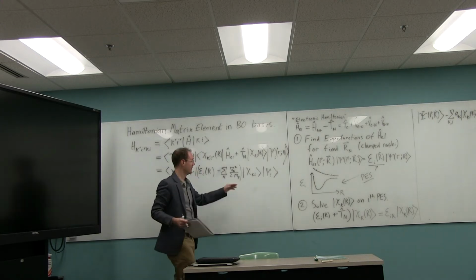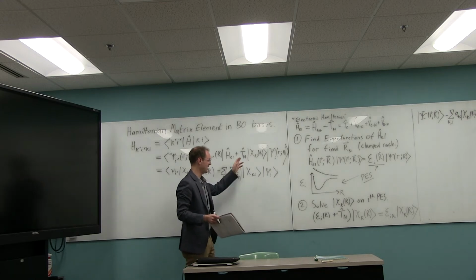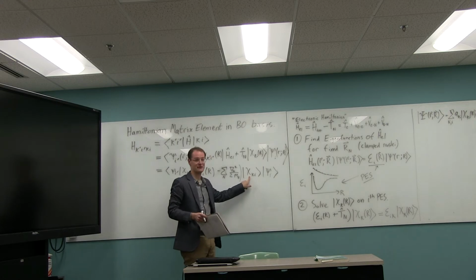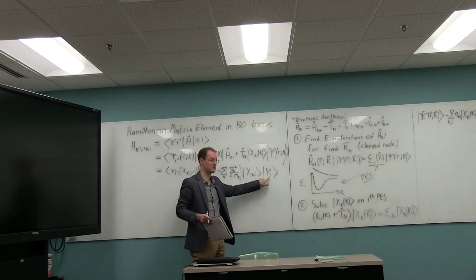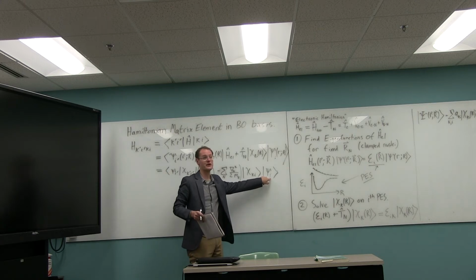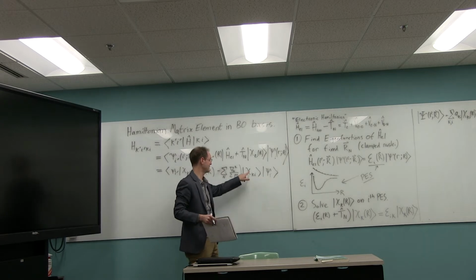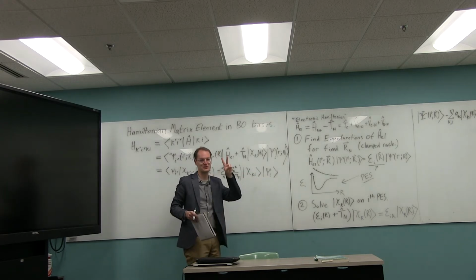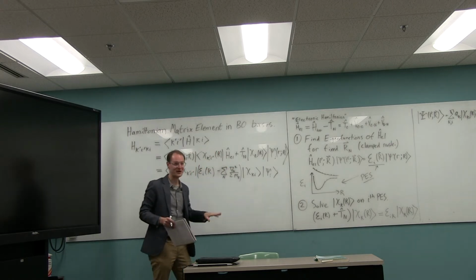And if you do that, you're going to end up with three terms, one involving the second derivative of this function times this one, one involving this function times the second derivative of this function, and then one more term where you have the mixed derivative, the derivative of this one times the derivative of this one, right? You actually get that one twice, 2 times. Okay, does that make sense?